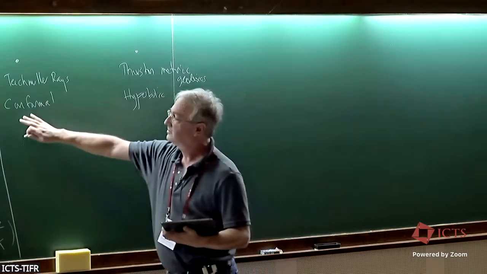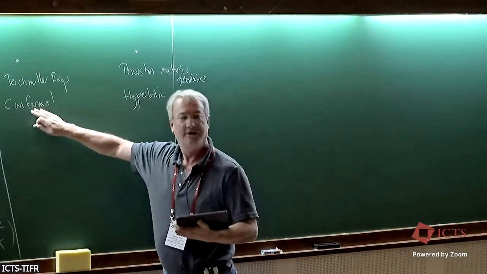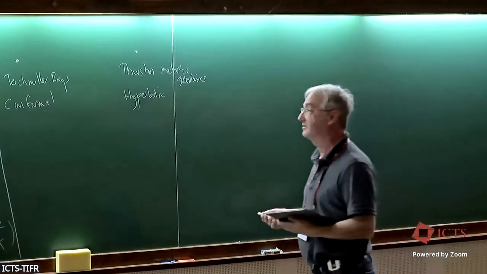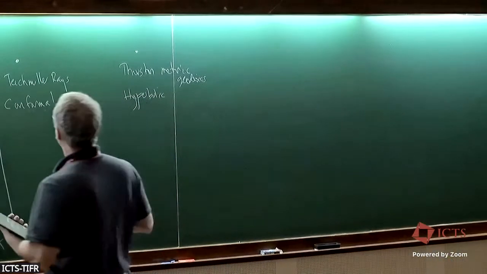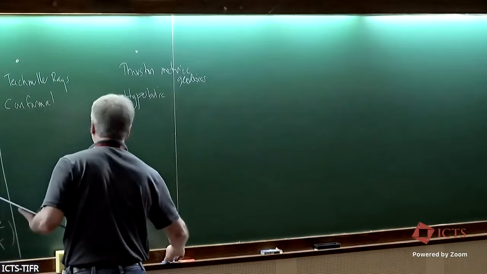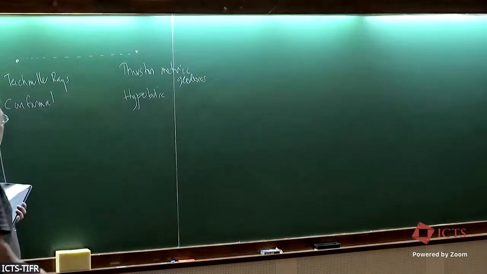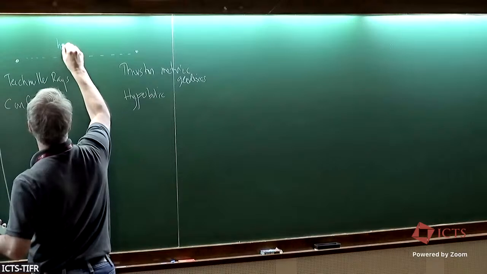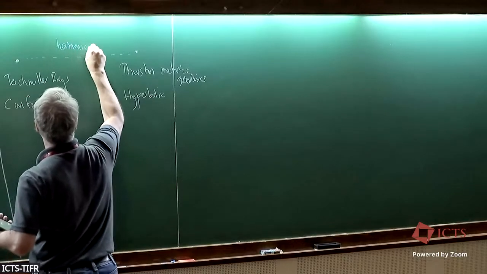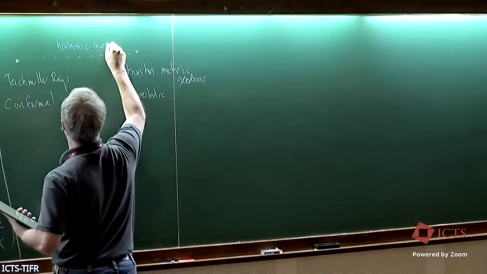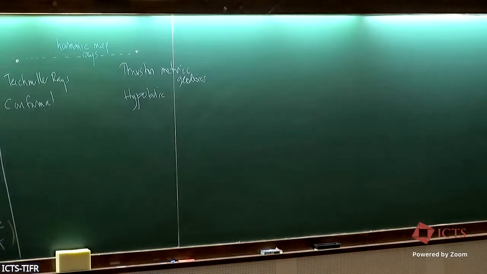So here, Teichmuller rays get us between conformal structures, Thurston metric geodesics get between hyperbolic structures. And what I want to try to argue is that these are two endpoints of a continuum, and what mediates or interpolates between these two perspectives are harmonic map rays. So that's the theme I'm going to develop.